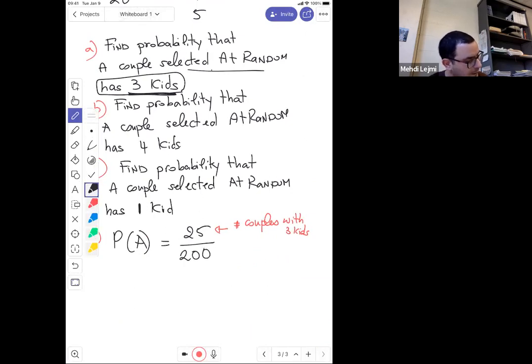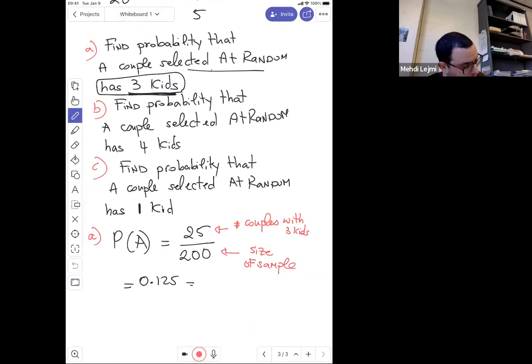That's the size of the sample. So 25 over 200 is 0.125. When converted to a percentage, we multiply by 100%, so that's 12.5%.